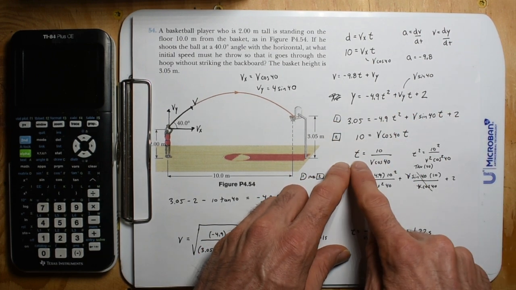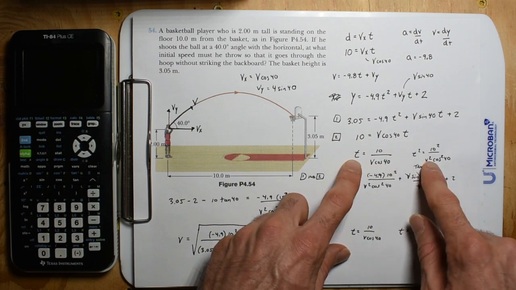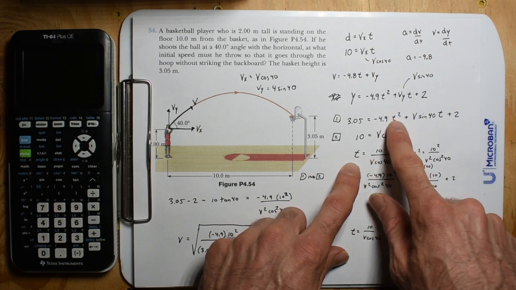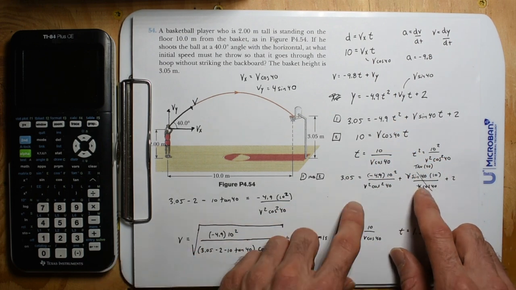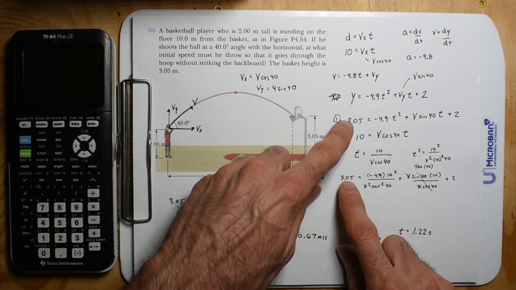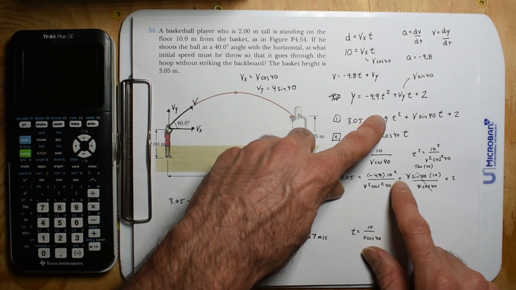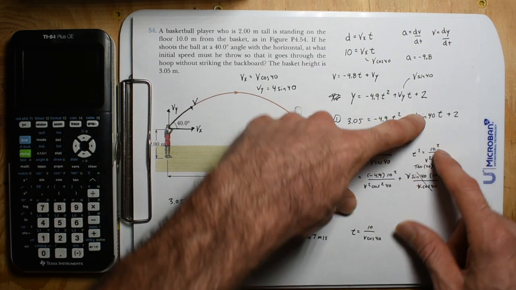So we rearrange this. We get t is 10 divided by v cosine 40. We also want to square it because we have to put this t into the squared term. So we have 3.05 equals 4.9 times that t squared, plus v sine 40 times t.